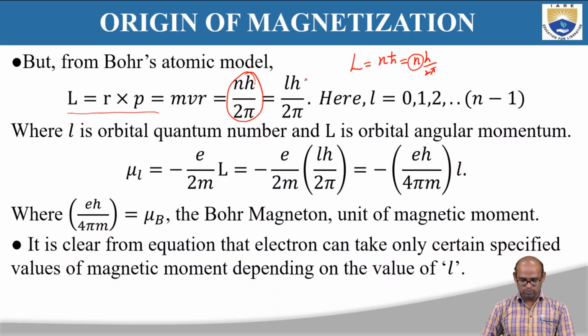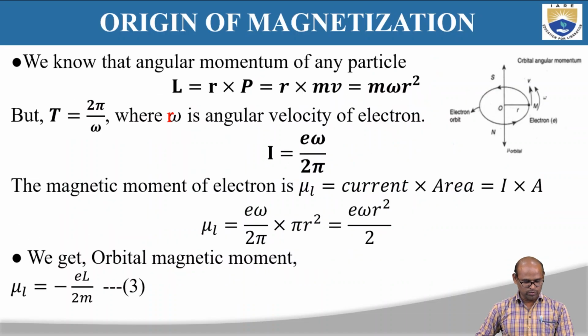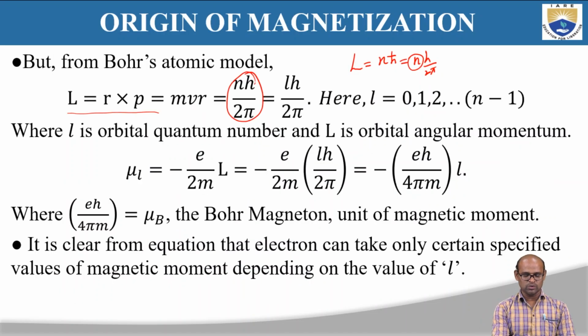So whatever we have here, μ_L is equal to minus eL/2m. I can take plus or minus, but anyway I am just using minus here. And L is actually equal to lh/2π, so I am going to replace the angular momentum L. So e/2m into lh/2π.